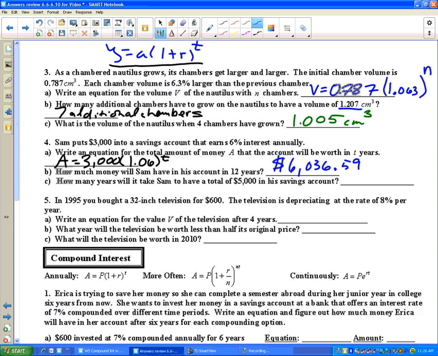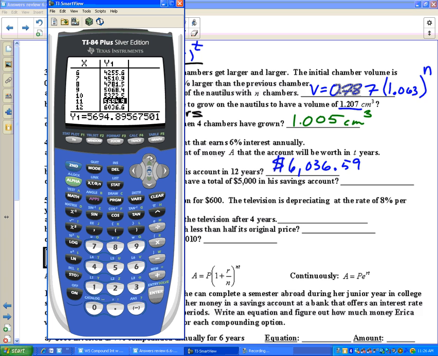Okay, how many years will it take Sam to have a total of $5,000 in his savings account? Let's go back. Okay, it's somewhere between 7 or 8 and 9 years. If I want to get more exact than saying during the 8th year, I'm going to go ahead and graph this.